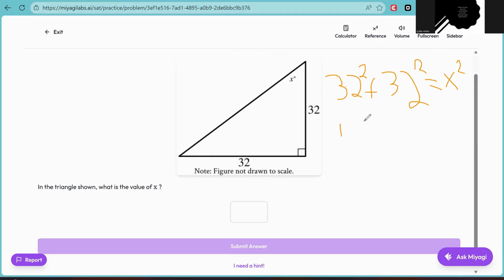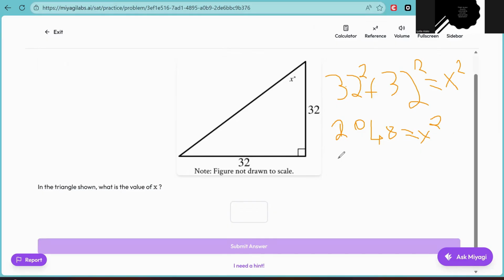So now if we add those two together, 32 squared 1,024, 32 squared 1,024, that would be a total of 2,048 equals x squared. So now we're gonna have to solve for x.